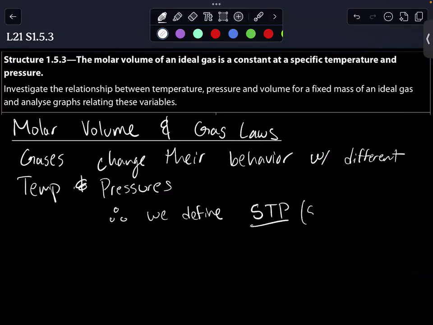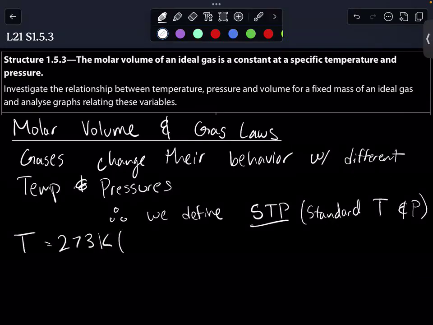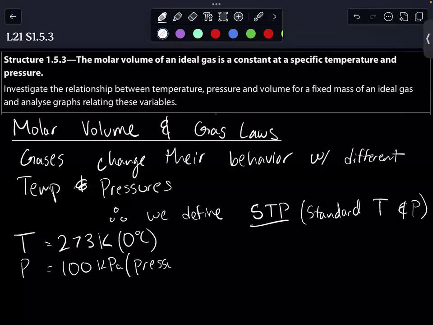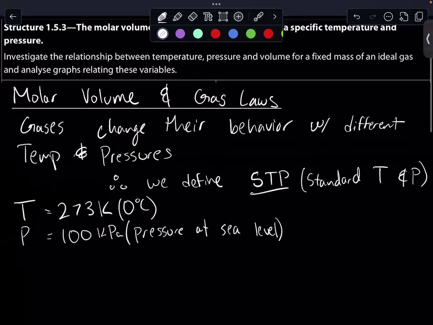That means standard temperature and pressure. And we define that temperature to be 273 Kelvin. With gases, we use Kelvin, but if you want to know, that's 0 degrees Celsius. And that pressure is about 100 kilopascals, which is about pressure at sea level. It's just under pressure at sea level, but 100 kilopascals is what we define it as.